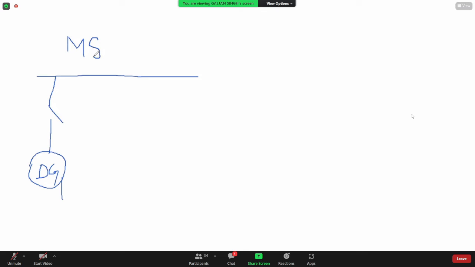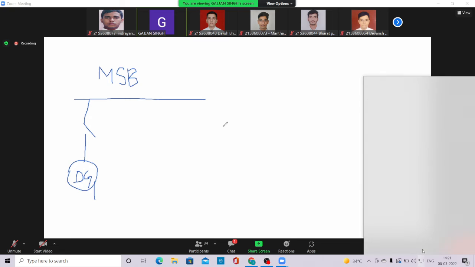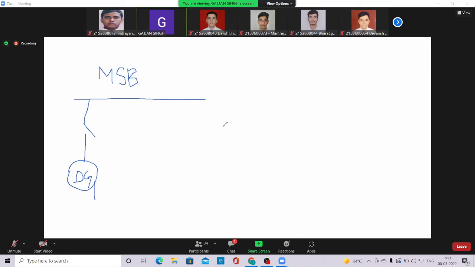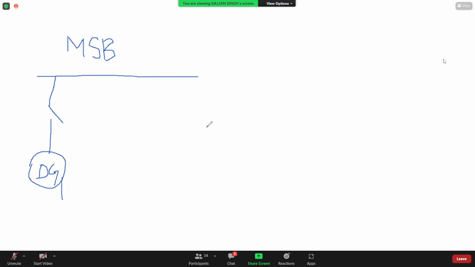This is the main switchboard. Main switchboard means headquarter of electricity. This is the place where generators feed supply, like in a house we have a switchboard. So the complete ship is fed through the main switchboard. Generators will feed the main switchboard, and the main switchboard will feed all the loads of the ship.